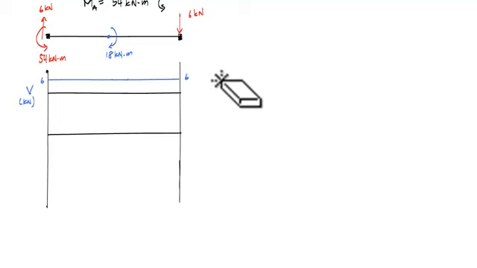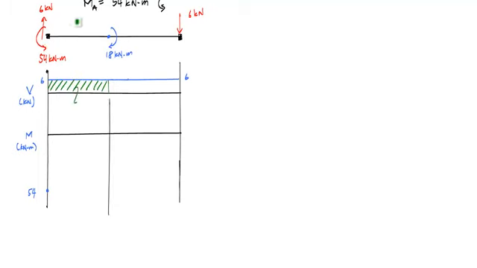Now for my moment diagram, I start at 54 kilonewton meters here, and then I want to note where this concentrated moment is. This area is going to be my change. These distances were 3 meters and 3 meters each, and so my area here is 18 kilonewton meters, which will take me to 36.